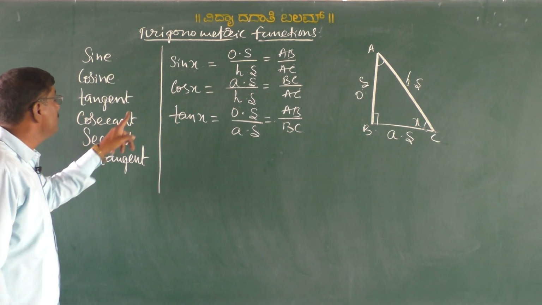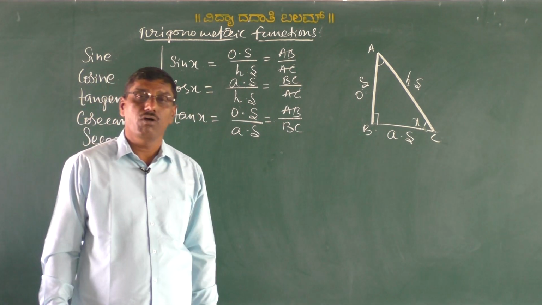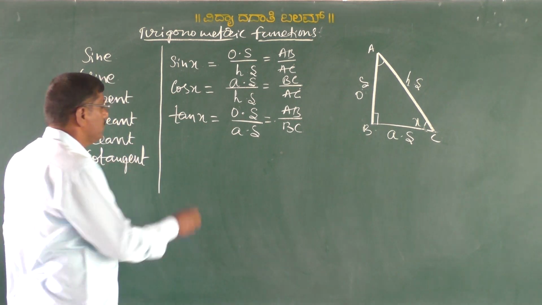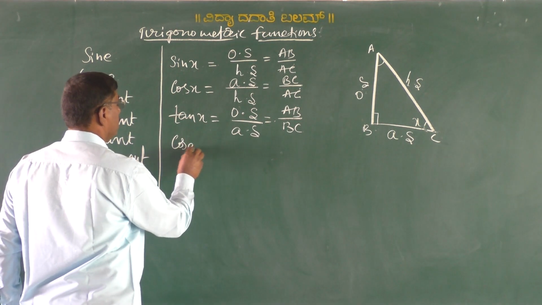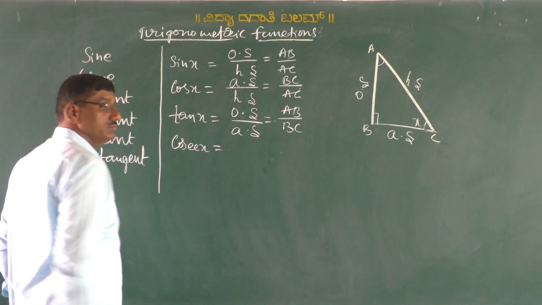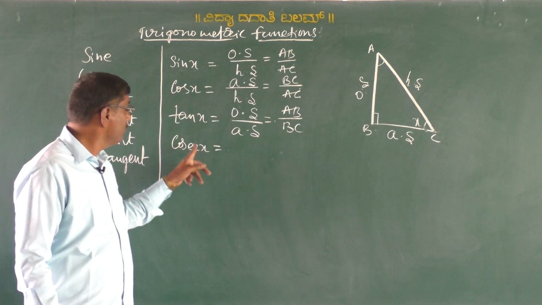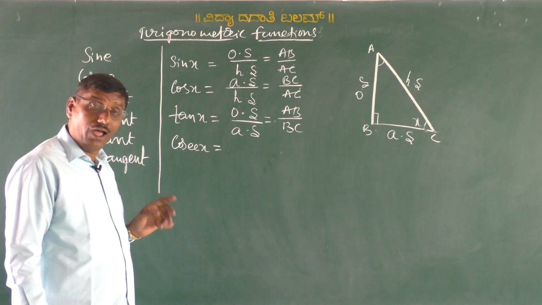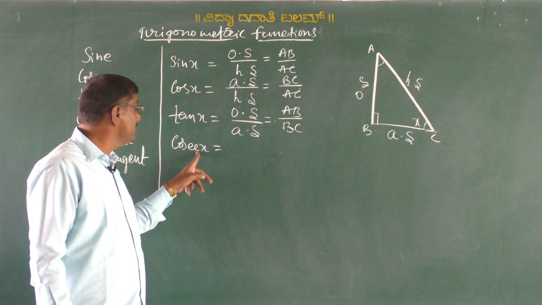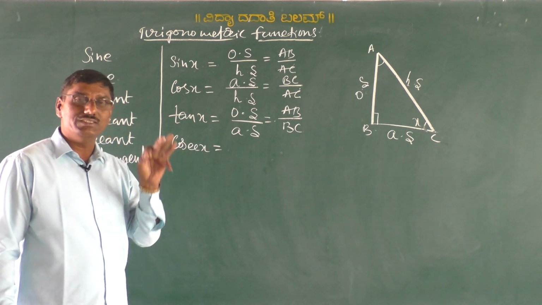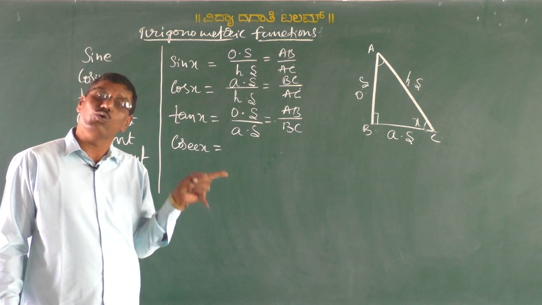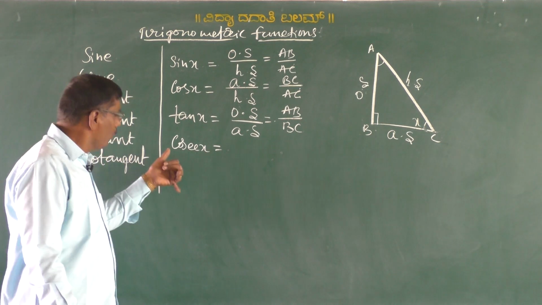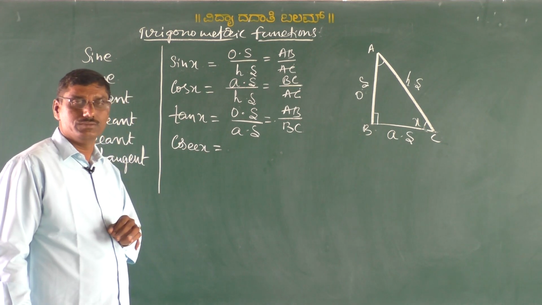Next one is cosecant of an acute angle x, written as cosecant x. I have written here COSEC, but we have to read it as cosecant, isn't it?